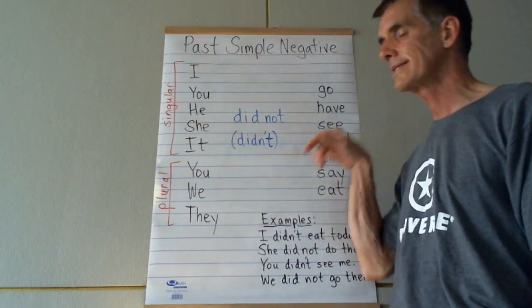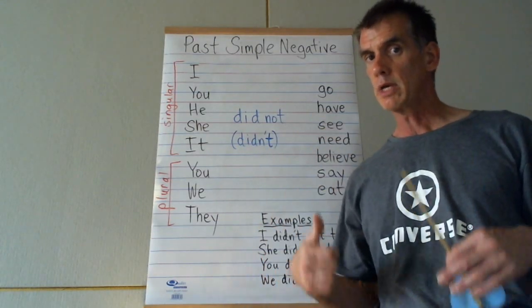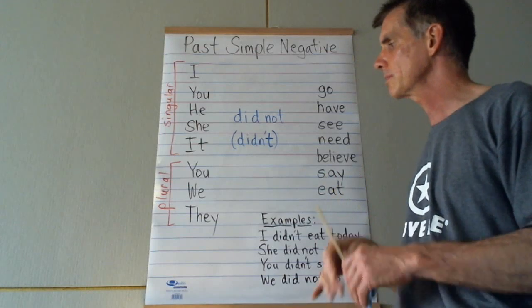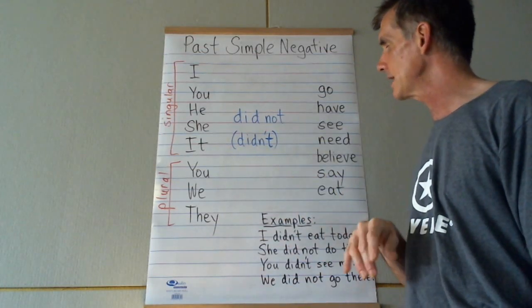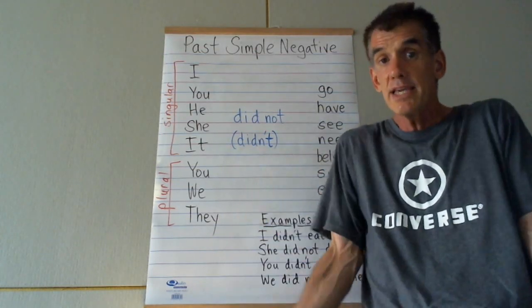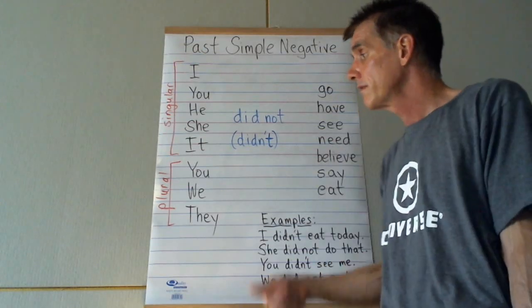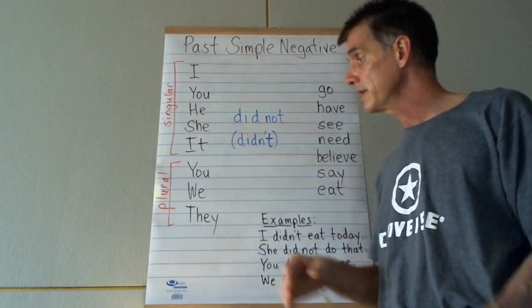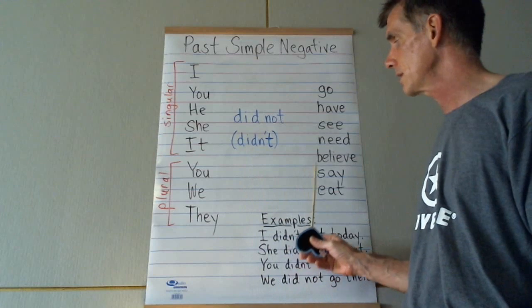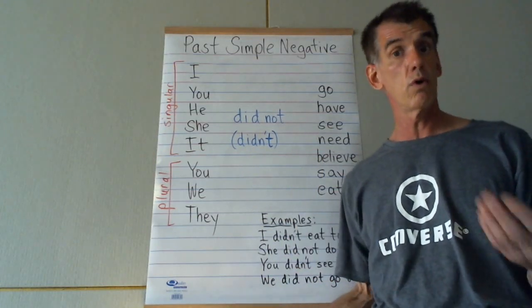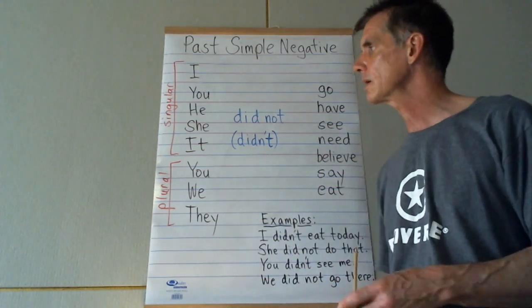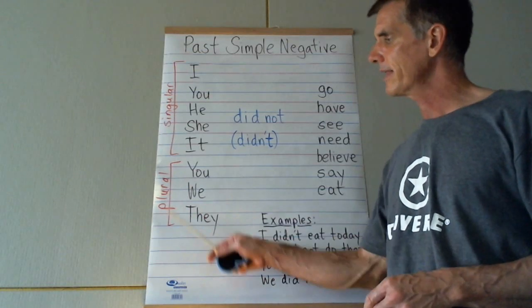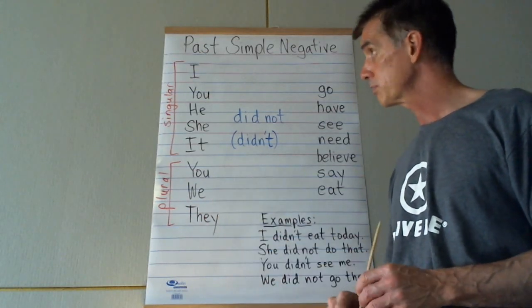They did not or they didn't believe me when I told them about the accident. Okay? And that again is the plural. You, we, and they is the plural.